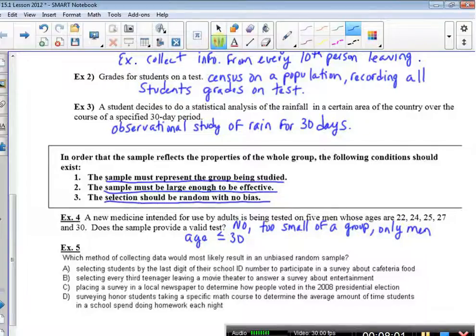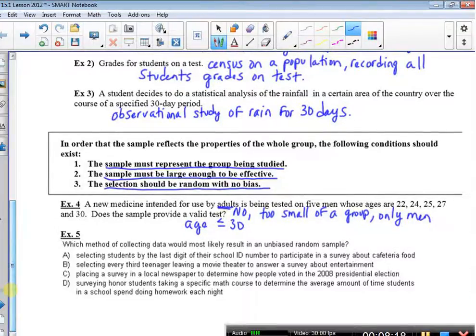They're only choosing men. It says a new medicine intended for use by adults. It doesn't say intended for use by men. And it's targeting men between 22 and 30. So what about the older men or the even younger than that?